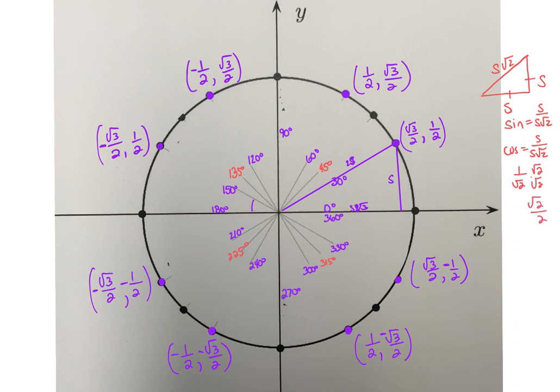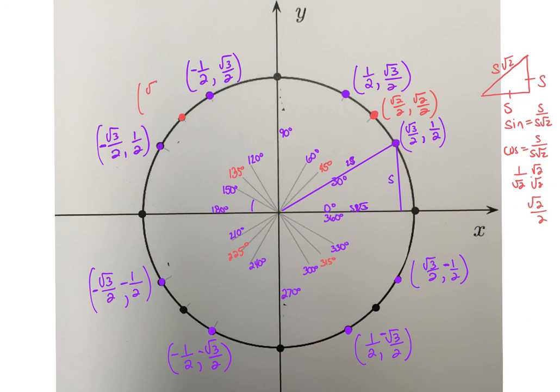This is true for all 45-degree angles. The x and y value, the cosine and the sine, will be the square root of 2 over 2. All right? And so that means this 45-degree angle, that's the square root of 2 over 2, square root of 2 over 2. Your side lengths are the same for a 45. That means 135 is also 45 away from my x-axis.